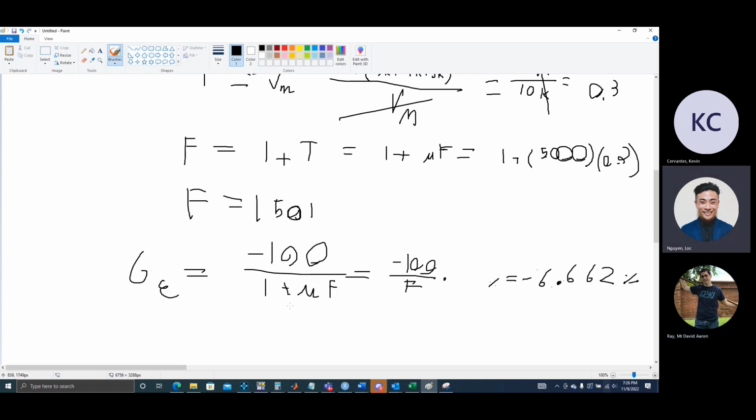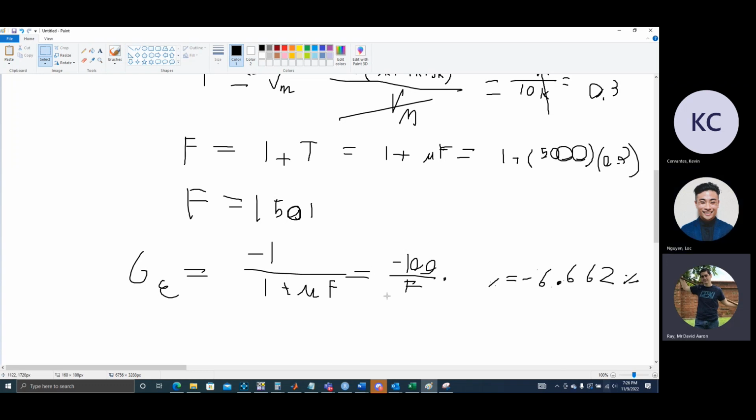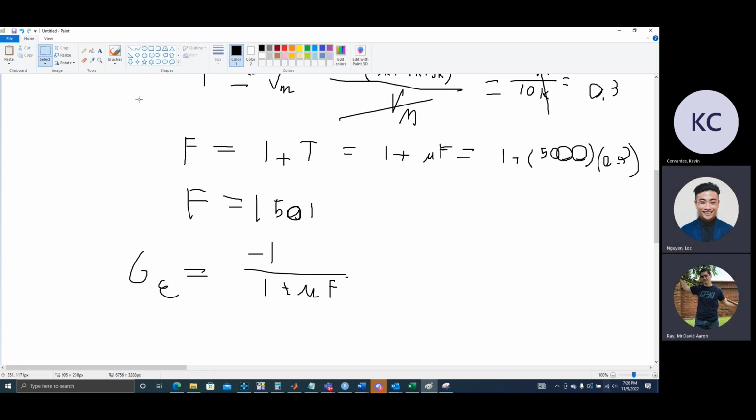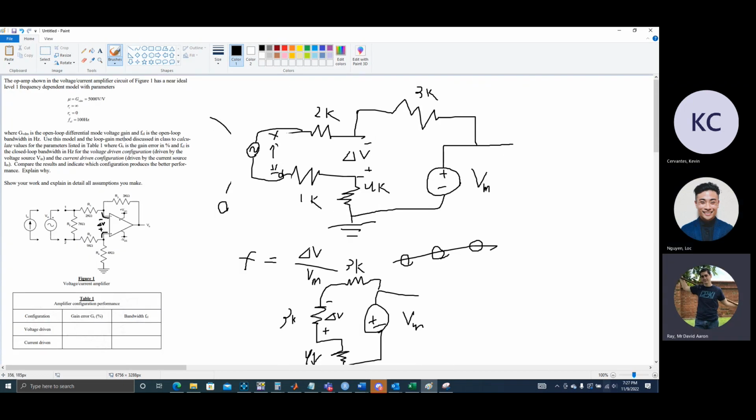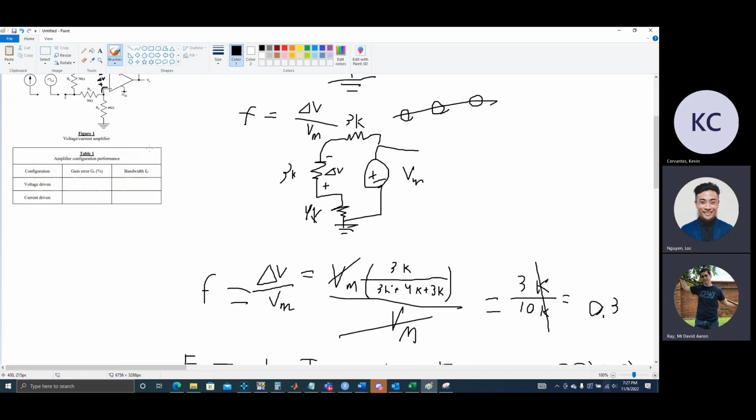Oh, okay, so it's supposed to be negative 1 over 1 plus mu F. Yeah, so let me get rid of this. It's going to be negative 1 over 1 plus mu F times 100%. So your G epsilon, does it say the exact name for what, okay, your gain error, that's what he's using.